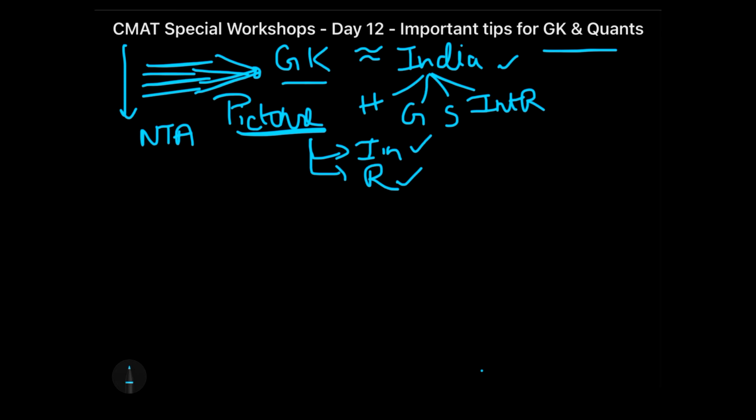CMAT की जीके की प्रिपरेशन कर रहे हो तो लोगोस को, फेमस पर्सनालिटीज के बारे में थोड़ा सा check कर लेना. You would be getting various websites. Now this is out of the scope, guys. I know that the IAS level GK and current affairs is much higher compared to CMAT or any other MBA examination, but they can be a source of good revision for you, like websites like Drishti IAS, Vision IAS, GK Today. ये सारे websites ऐसे हैं जिन पर आपको कैप्सूल्स मिल जाएंगे फॉर योर करंट अफेयर्स एज वेल एज फॉर स्टैटिक जीके.